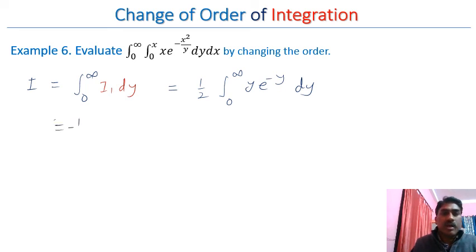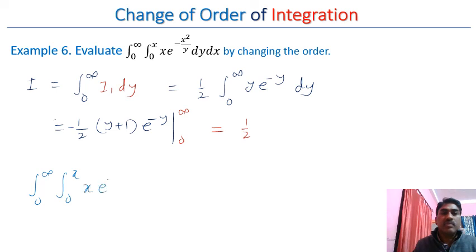So this becomes minus 1 by 2 (y plus 1) e to the power minus y, and limits are 0 to infinity. At the upper limit the integral will become 0 due to e to the power minus y, and at the lower limit e to the power 0 is 1, y is 0, so you will get 1 by 2. So finally we obtained the double integral of x e to the power minus x square by y dy dx, equal to 1 by 2.